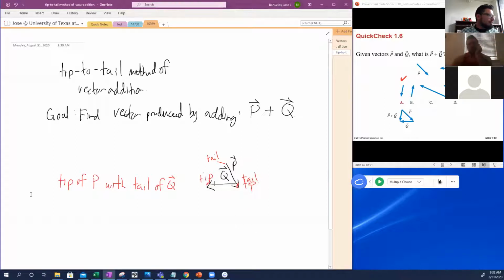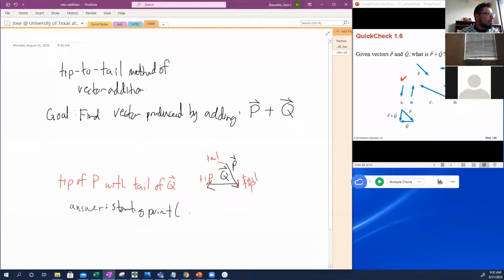And then the answer is going to be where you started off. Let me get a slightly thicker marker here. The answer is going to be the starting point.